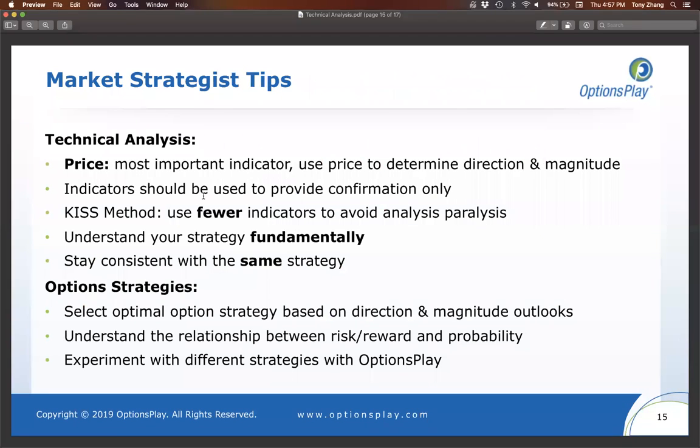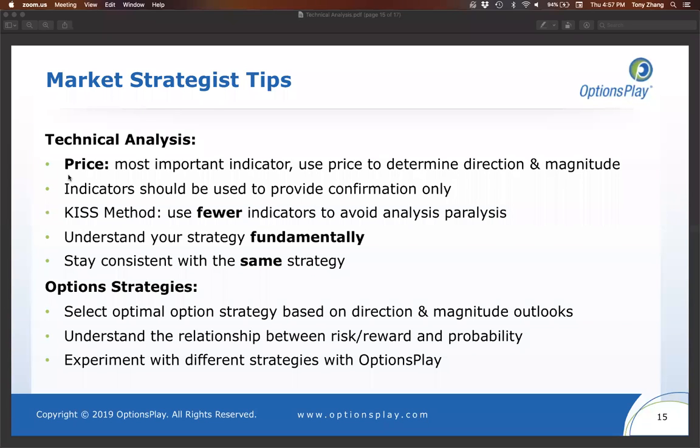I went over a lot of different things. I want to continue to make sure that everyone understands this. But whenever we're looking at technical analysis, I want to stress that whenever you're using technical indicators, I've seen traders use lots and lots of indicators on their charts, and by the time they finish putting on all their indicators, they don't even look at the price anymore.